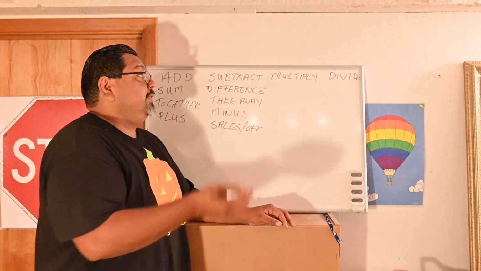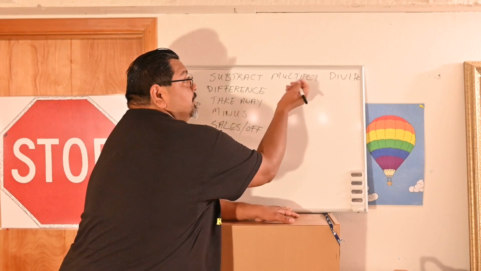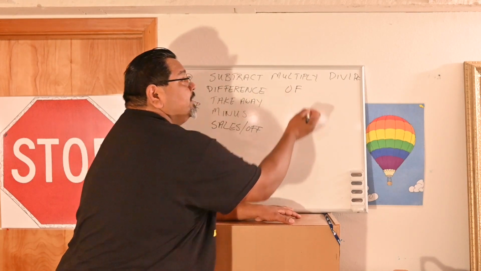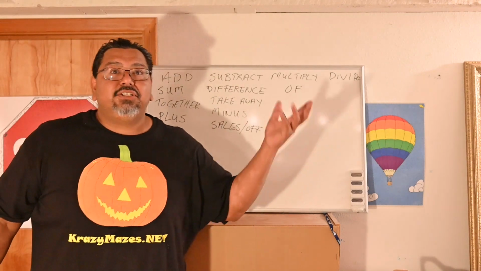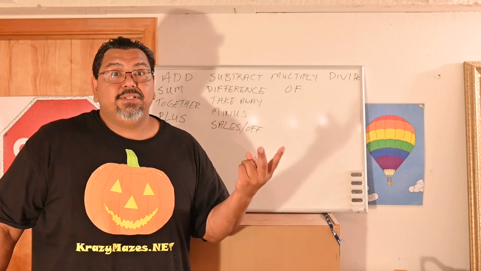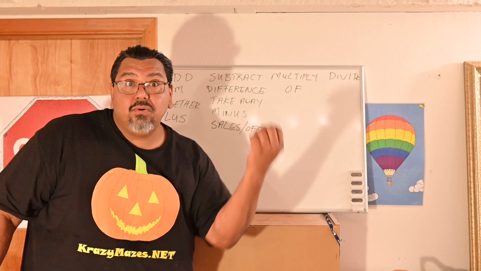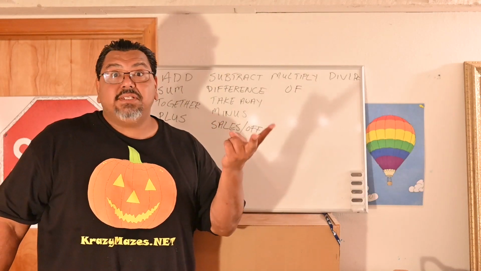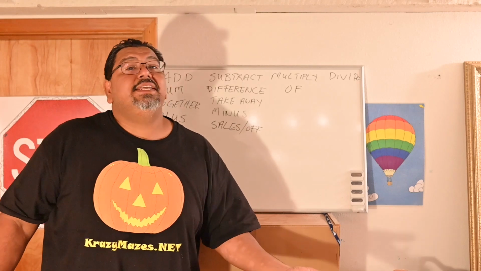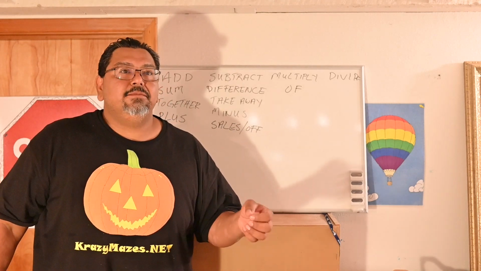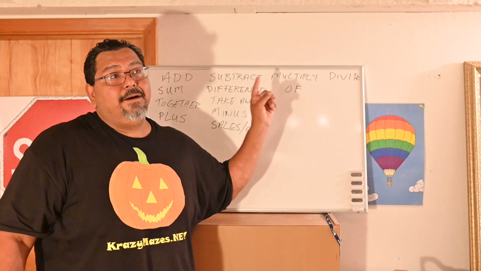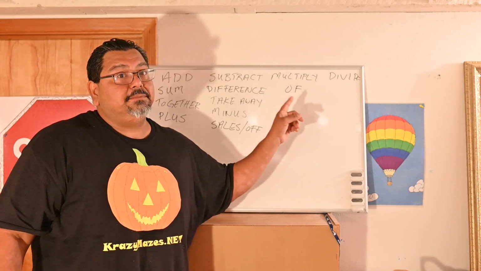Now, multiply, one of the biggest words for multiply, other than multiply these two numbers, is going to be the word of. Of is usually like 2 of 3. We're talking about 2 rows of 3 columns. 2 groups of 3 individual things. So we're talking usually about multiplication. So of is a very important word. Usually think about it as multiplication.